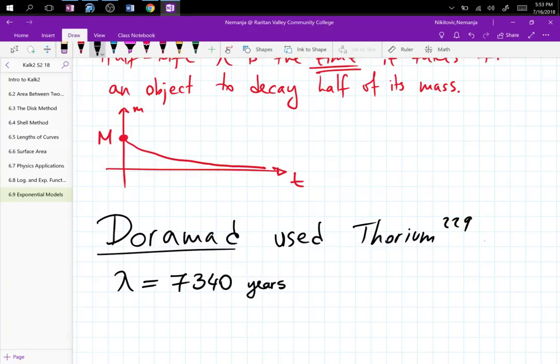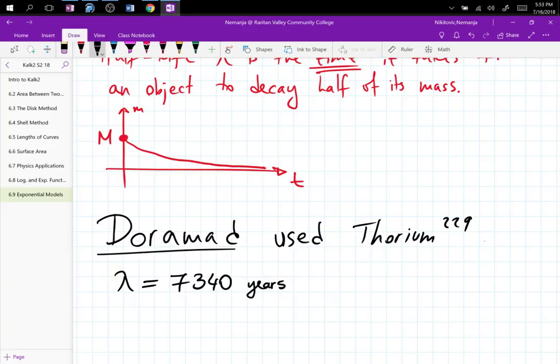I think I should verify that. Doramad half-life, thorium. Yes, it is correct: 7,340 years.